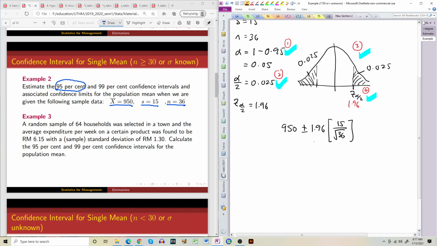So basically, if you want to split this, how do you split this? Remember, we are going to find the interval for the mean, isn't it? The estimation must come into the interval. So if you want to split this, it is plus minus, right here 9 plus 1.96, and write the same thing here.